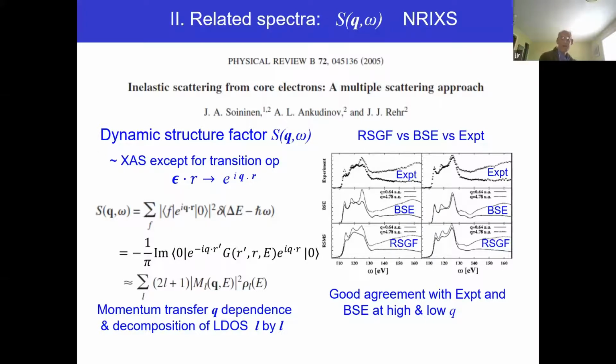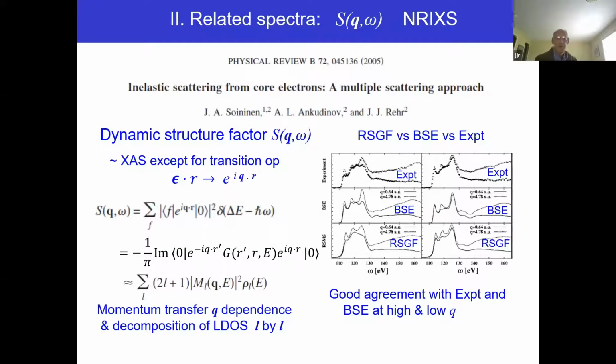And what you realize in just looking at the formulas is that the formula is exactly the same as X-ray absorption, except that the transition operator, which in the X-ray absorption case is just the dipole term, epsilon dot r, becomes an exponential e to the iq dot r, because it reflects the momentum being transferred in the process.